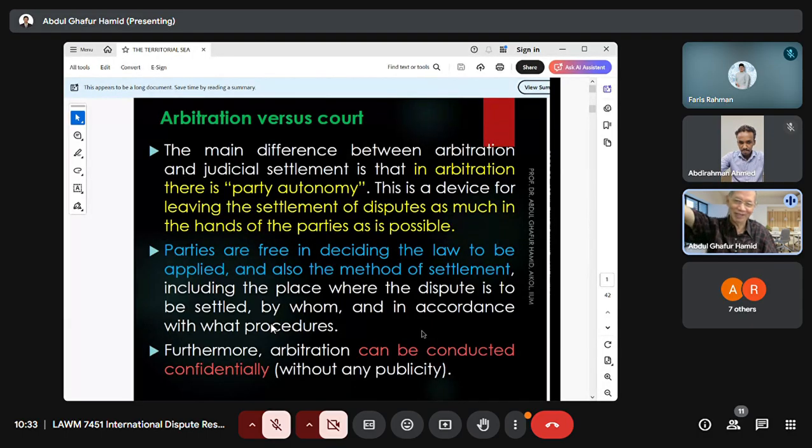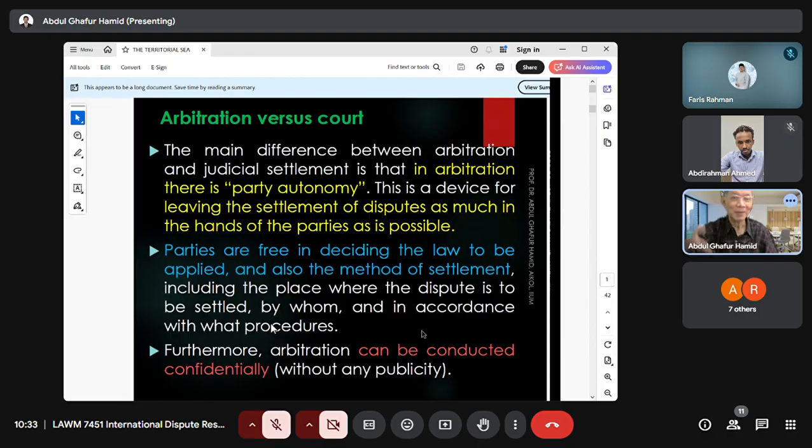The judge is already appointed, right? They are there, and it's compulsory for you to go. And the Chief Justice of Malaysia, or the registrar, will decide your particular case, and then who will be the judge?